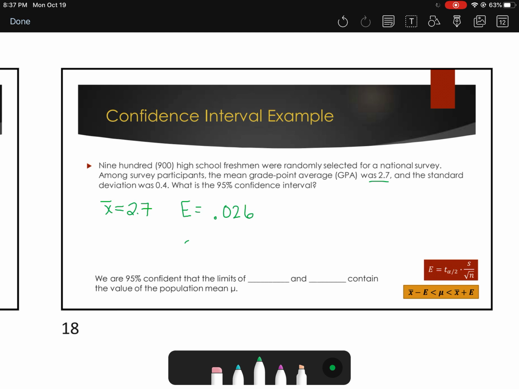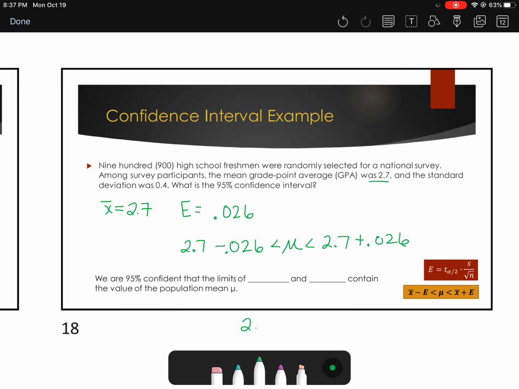I'm just going to follow this equation then. So I have 2.7 minus 0.026 is less than mu, which is less than, on this side, 2.7 plus 0.026.